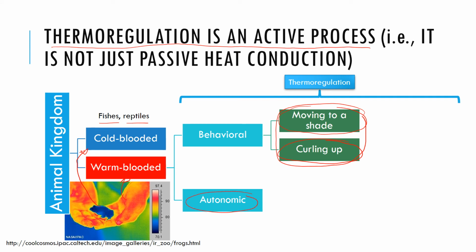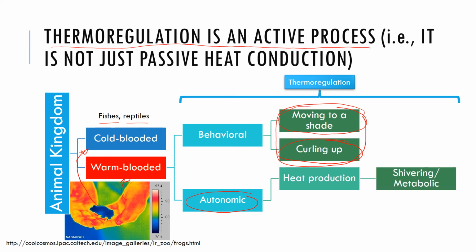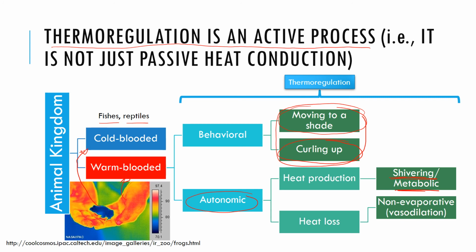Then there are autonomic mechanisms. The body does it by itself, and one possibility is heat production, for example by shivering or increased metabolic heat generation, or increasing heat loss, and one of them is non-evaporative, or vasodilation, where the blood vessels near the surface dilate, they increase in size, so that more warm blood from the core flows near the body surface to be able to exchange heat more efficiently with the surroundings, and therefore increase the heat loss.